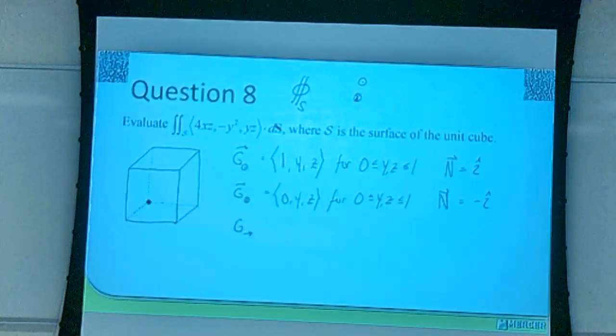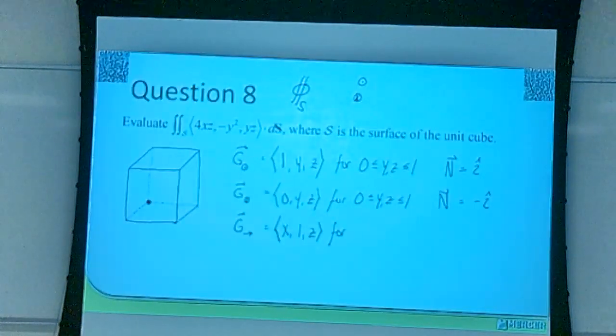Let's do the right facing next. Well, if you look at the right facing, isn't that an XZ plane? What's Y? 1. What does X go from?